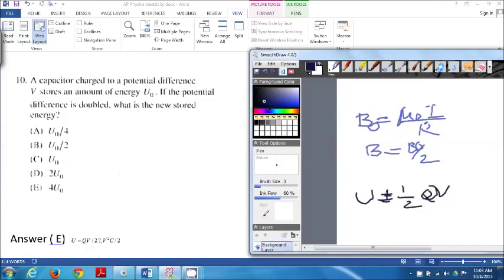So Q actually, again, because it depends on the potential, we need to write this in terms of potential.